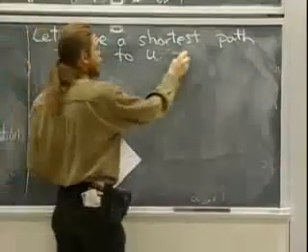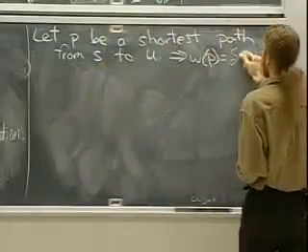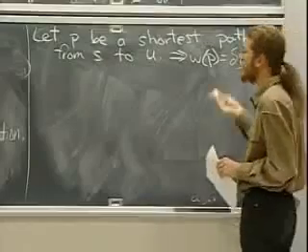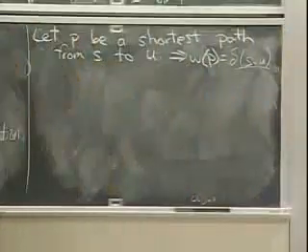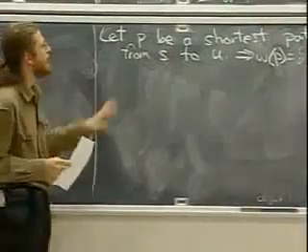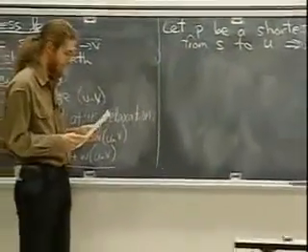That means that the weight of this path is the shortest path weight, so we have some equations for what's going on here. We care about delta of s comma u. Here's a path with that weight. It's got to be finite, because shortest paths exist here. Slight exceptional cases if it's a plus infinity, but I'm not going to worry about that.